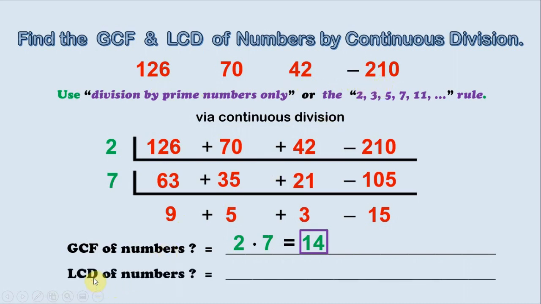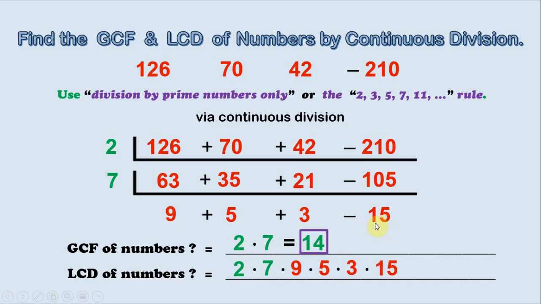To find the LCD of the numbers, we extend the process a little bit. That is, by including the bottom numbers in multiplication such that 2 times 7 times 9 times 5 times 3 and finally times 15. Notice that we have ignored the negative sign of the number 15.